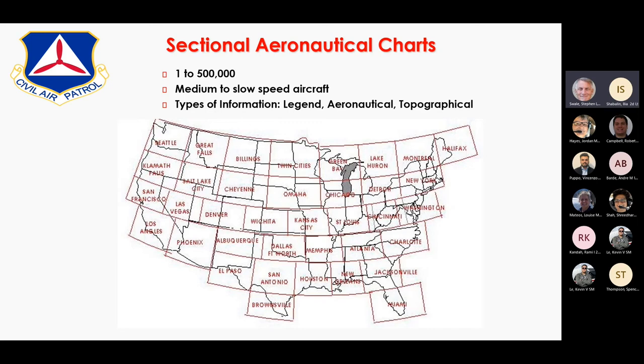This would apply to MOs as well as to mission pilots, because as an MO, you might need to cut through an area close to an airport, and all the frequencies are there, whether it's a towered or non-towered airport, but only if you're familiar with exactly where to find that data and quickly.